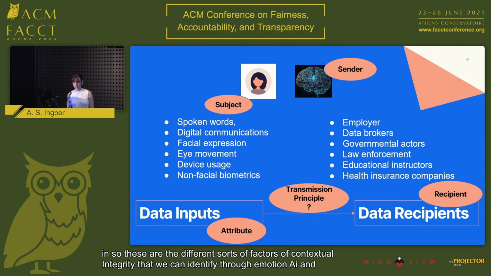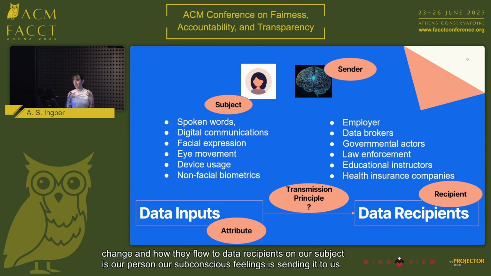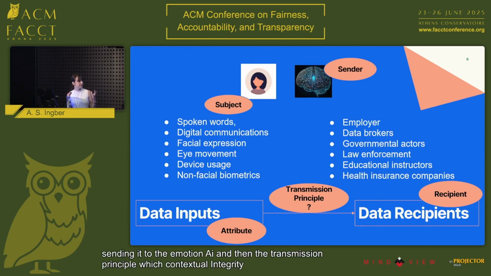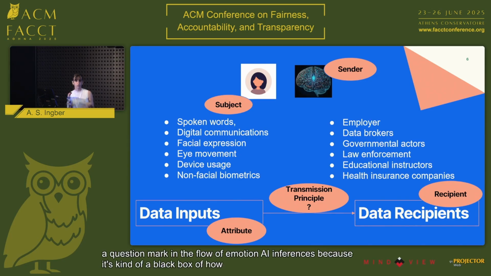We have the data inputs, which are the attributes that might change and how they flow to data recipients. Our subject is our person, whose subconscious feelings are being sent to the emotion AI. And then the transmission principle, which contextual integrity identifies, is kind of a question mark in the flow of emotion AI inferences, because it's kind of a black box of what rules this emotion AI data follows.